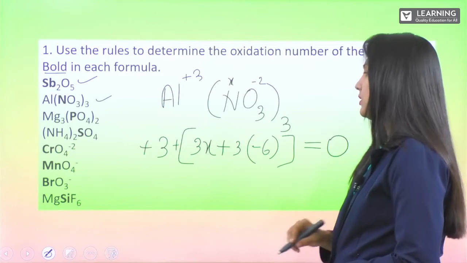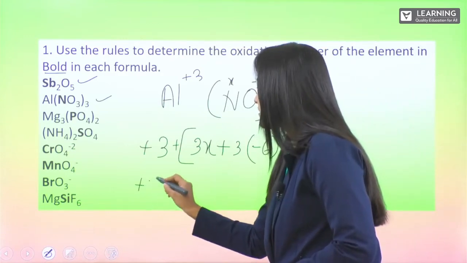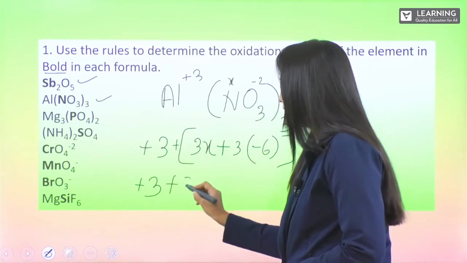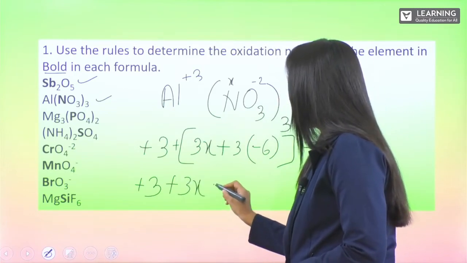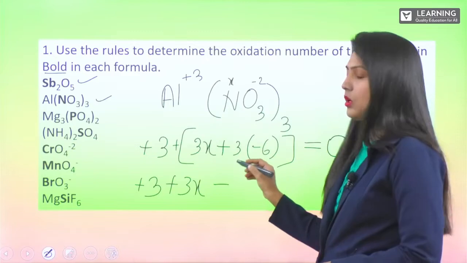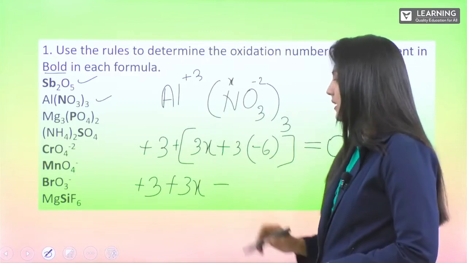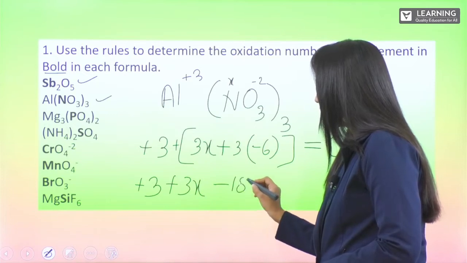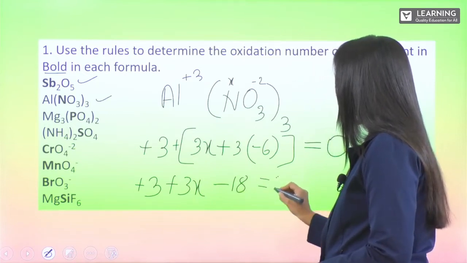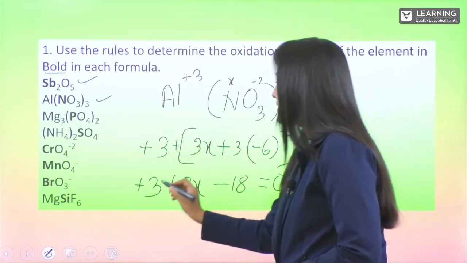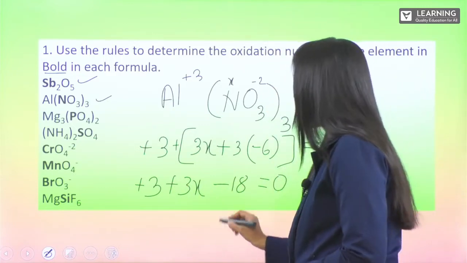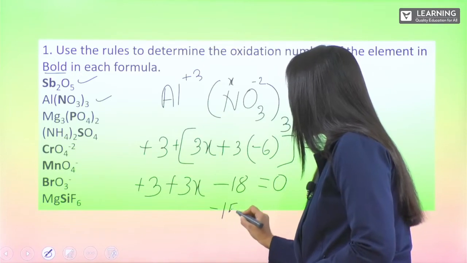So if we do this, we'll get +3 plus 3x, plus, plus into minus is minus, 6 3s are 18. That will be equal to 0. So +3 plus -18 will give -15.